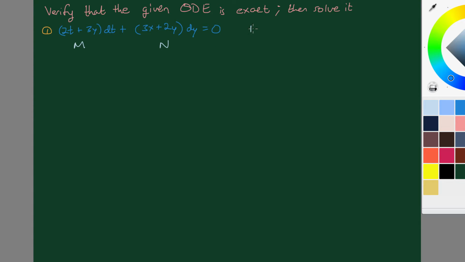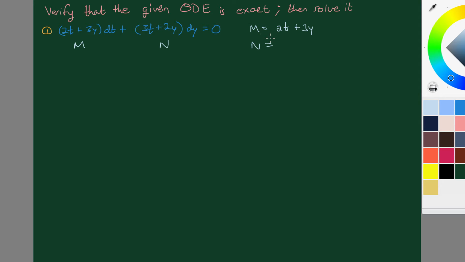So in this case, M is equal to 2t plus 3y, and N is equal to, sorry, I put an x over here. It should be t. So 3t plus 2y times dy is equal to 0.